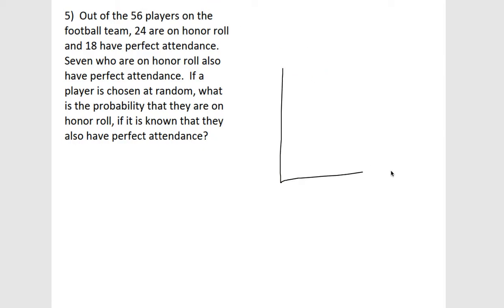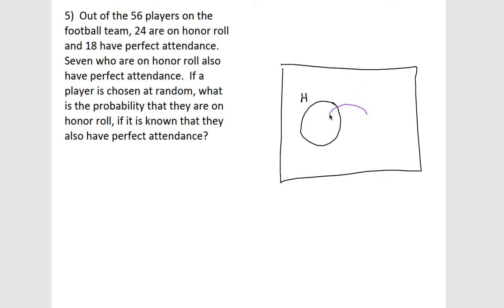Okay, so there's the football team, and then we have H for honor roll, and we have 18 P for perfect attendance. So we can call them A, B, C, and D if we want to again. And we know that 56 players total, so all of the letters add up to 56.